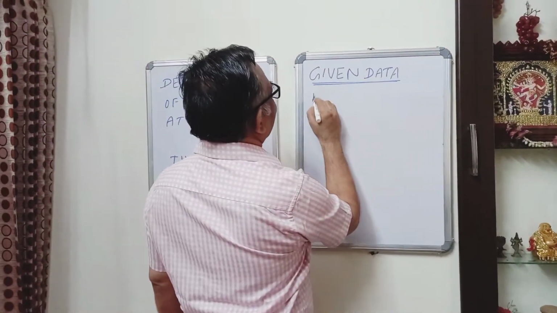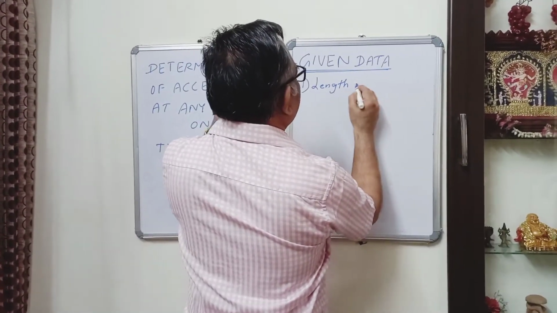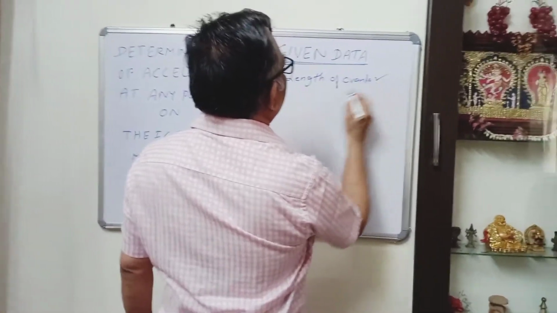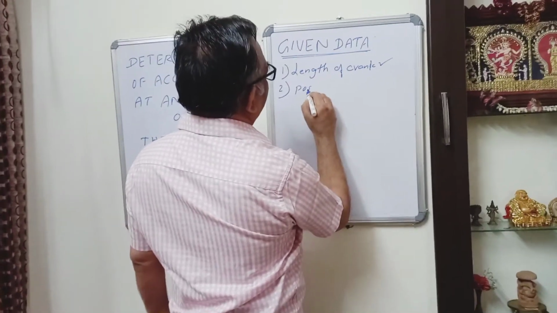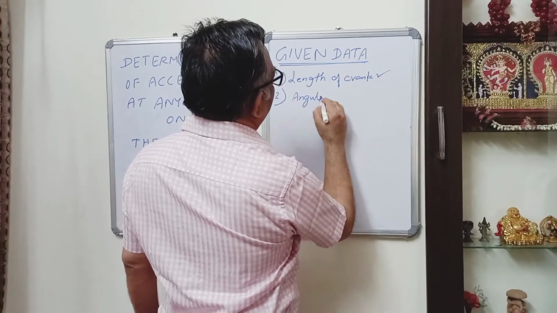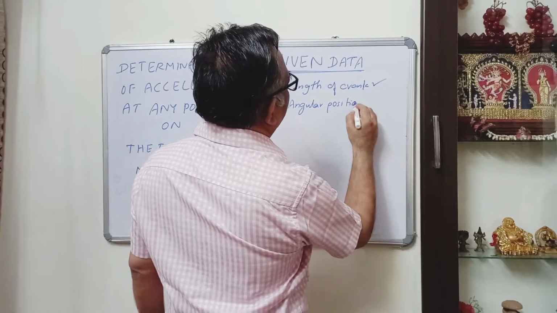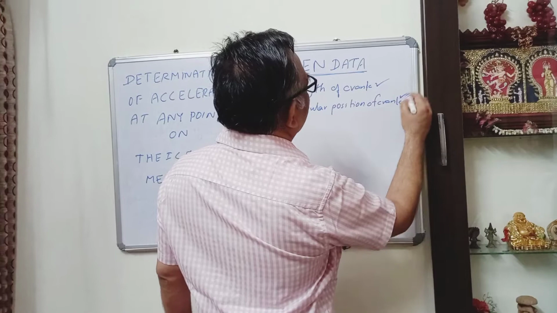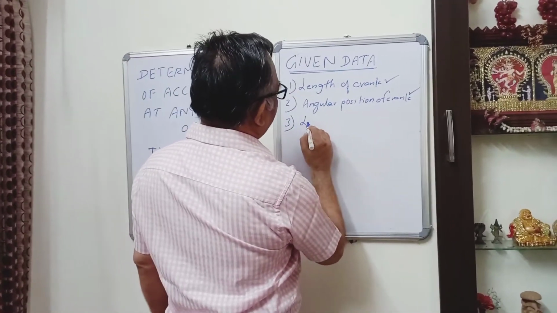So the first given data will be the length of crank. Then the angular position of crank. This also will be given. Number 3, the length of connecting rod.